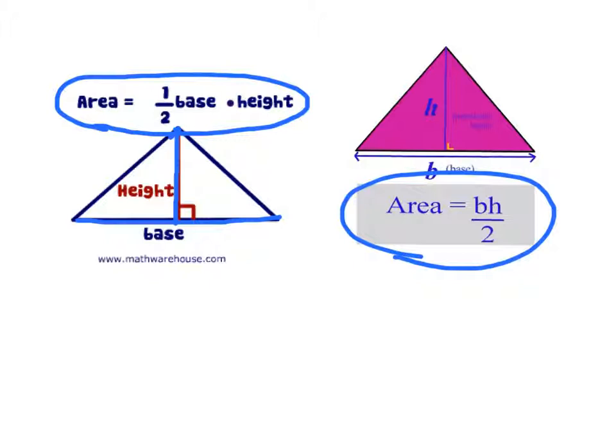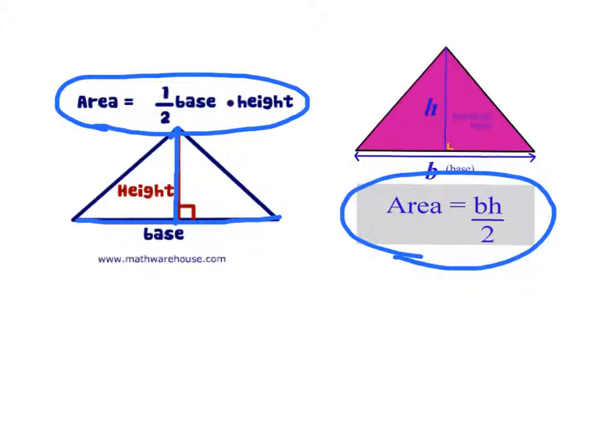And let's look again at how these triangles are half of parallelograms. So let me erase this real quickly. Okay, I can demonstrate that this triangle is half a parallelogram.